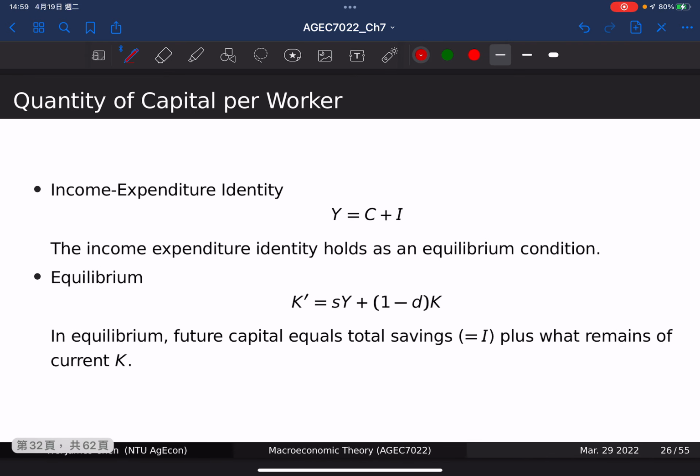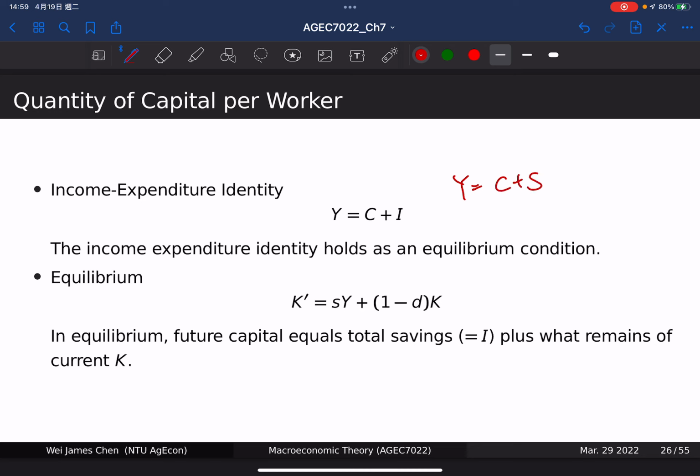Okay, so if there are no further questions, in this model, the income expenditure identity is quite simple. The output is spent on two things. One is consumption, one is investment. Okay, you might ask me, didn't you say y equals c plus s?